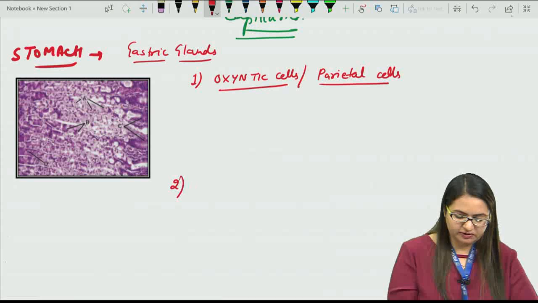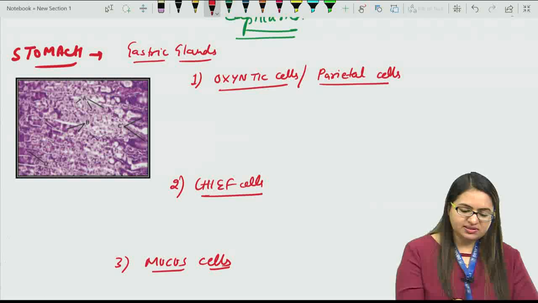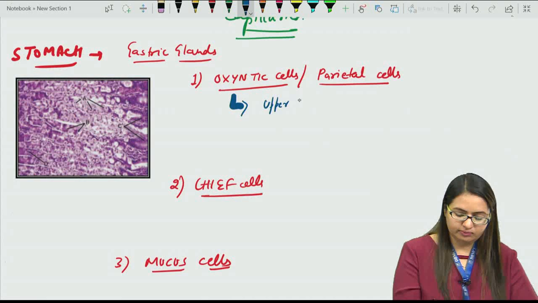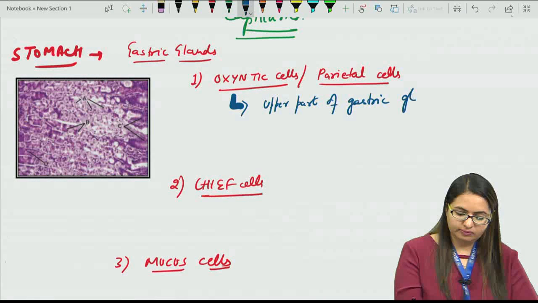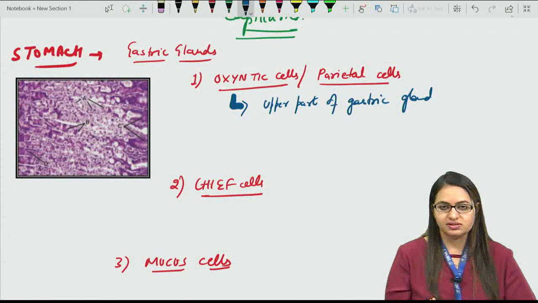Apart from this, we have chief cells and the mucous cells. The oxyntic cells or the parietal cells are present in the upper portion of the gastric gland.